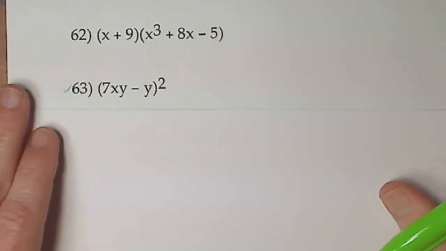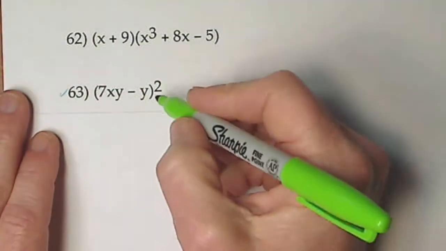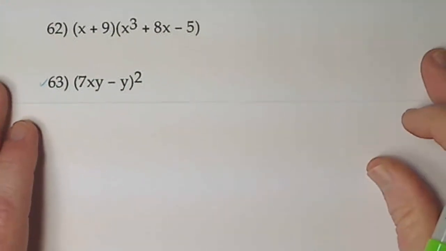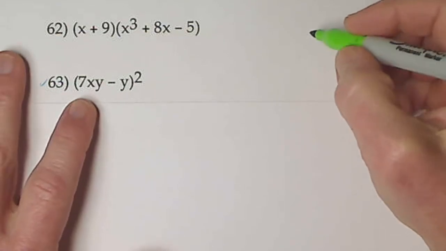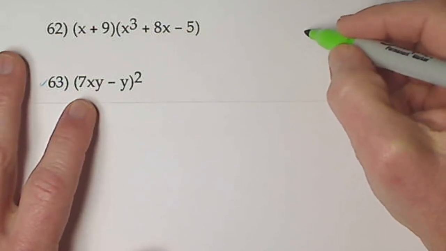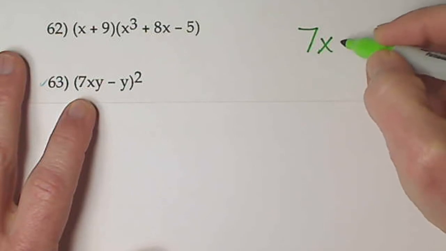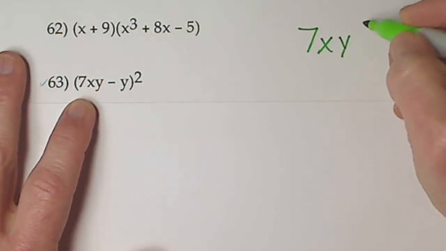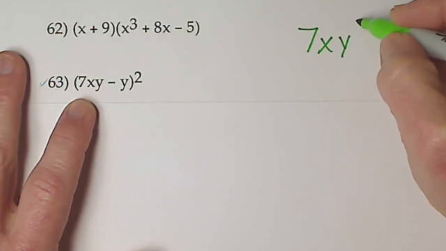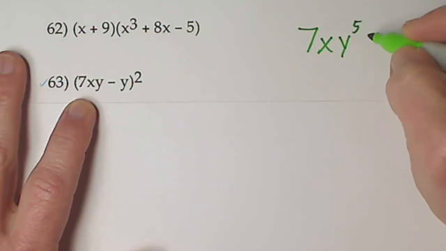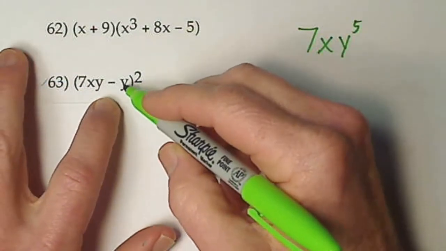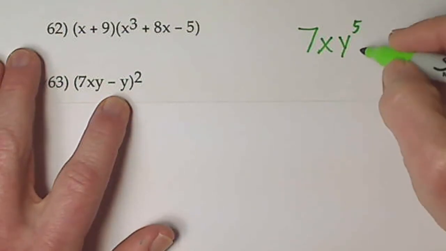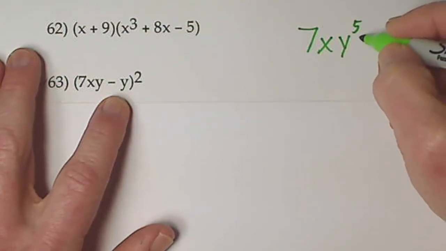You cannot just send in that 2. All right? If you had, let's say, 7x, y, let's just say to the 5th power. I'm just making one up here. And then instead of minus y, I'll just put the letter z.